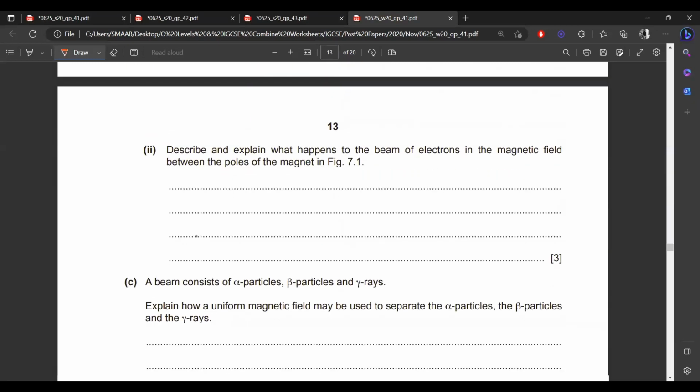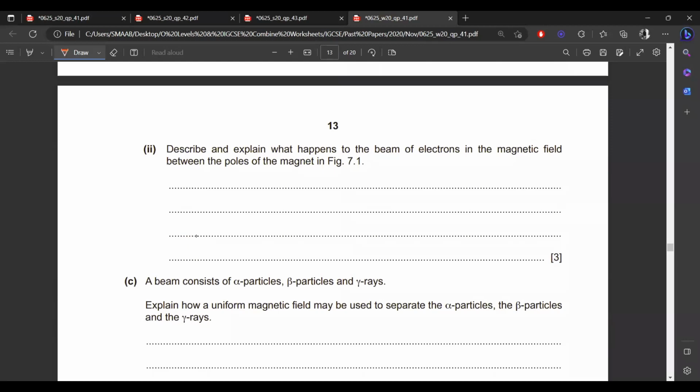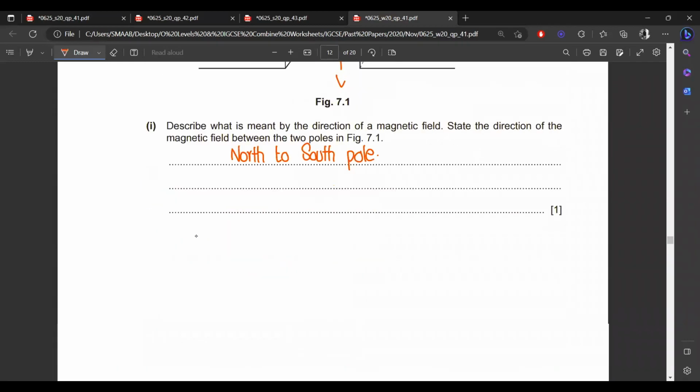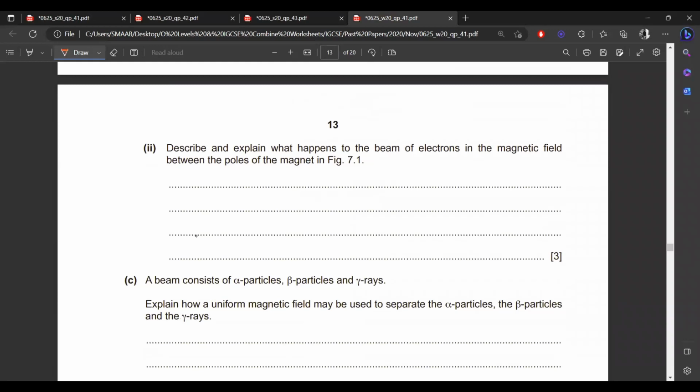Next part. Describe and explain what happens to the beam of electrons in the magnetic field between the poles of the magnet. So it deflects towards the north terminal. Okay. So first of all, the beam of electrons will deflect. Electron beam deflects.